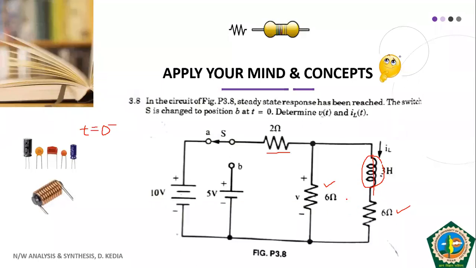So the equivalent resistance of these will come out to be 3 ohm. This is 3 ohm, this is 2 ohm, and these are in series. So total resistance is 5 ohm, and the total current will come out to be V by R, that is 10 by 5, that is 2 ampere.